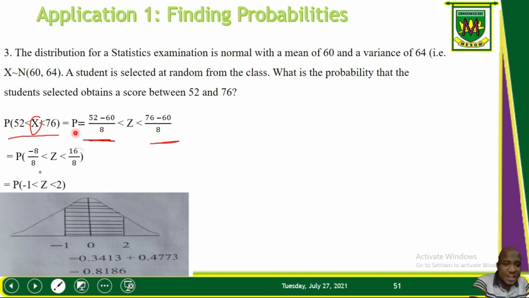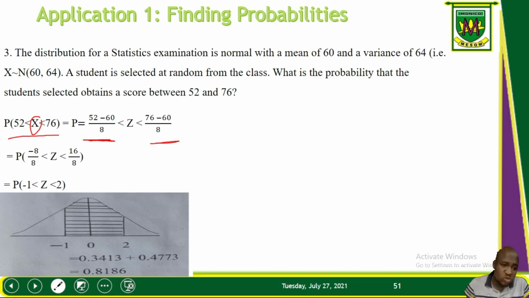So converting the 52 will give us negative 1, and the 76 will give us 2. That is in the z-score form, in the standardized form.